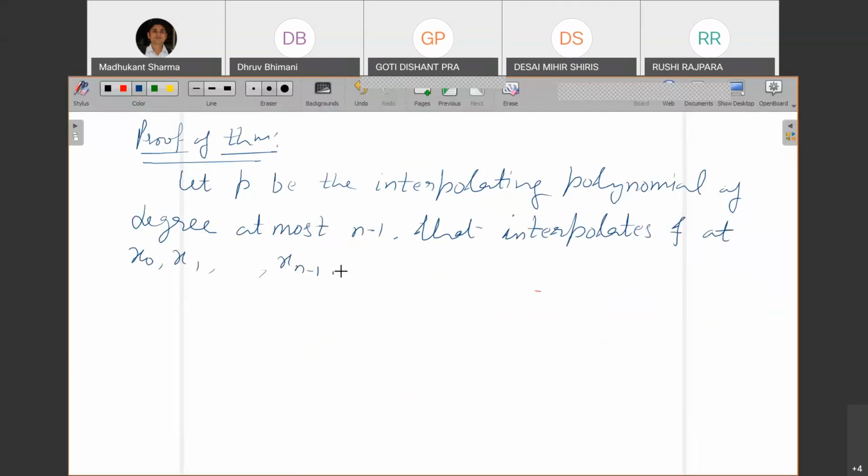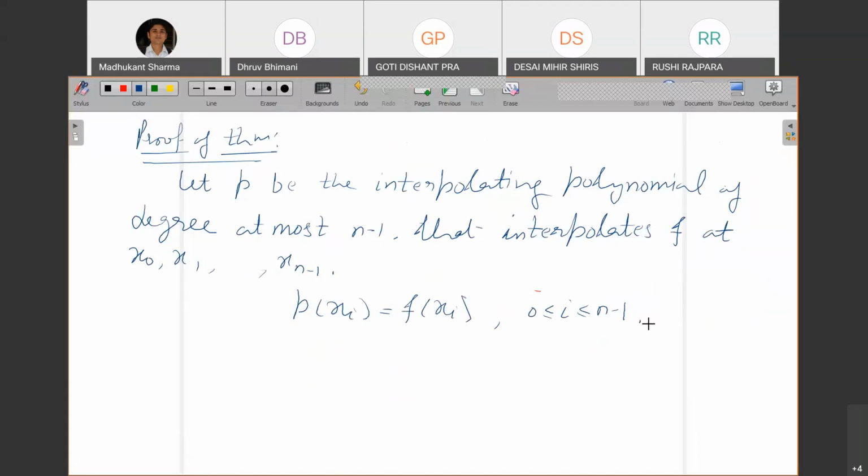So we have left out, for the time being, the point xn. Then we have p of xi equals f of xi for 0 less than or equal to i less than or equal to n minus 1.